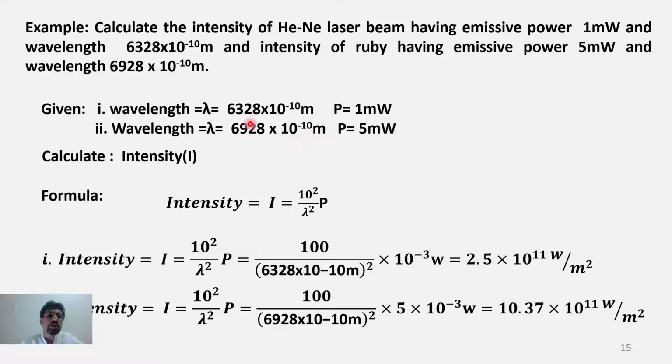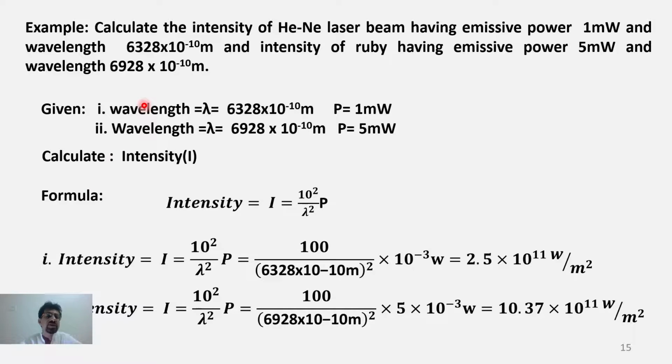The first wavelength is 6328 × 10^-10 meter and its power is 1 milliwatt, while the second wavelength is 6928 × 10^-10 meter having the power 5 milliwatt. Therefore, by using the formula of the intensity, I = π² / λ² × P, and substituting these values, we can calculate the intensity.